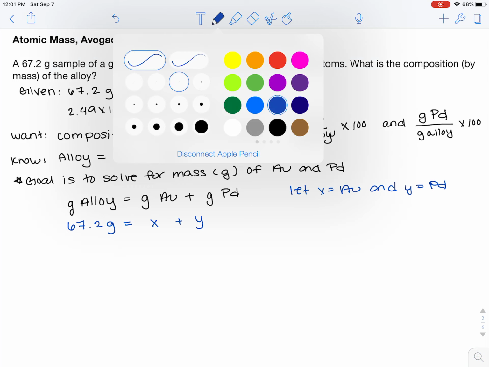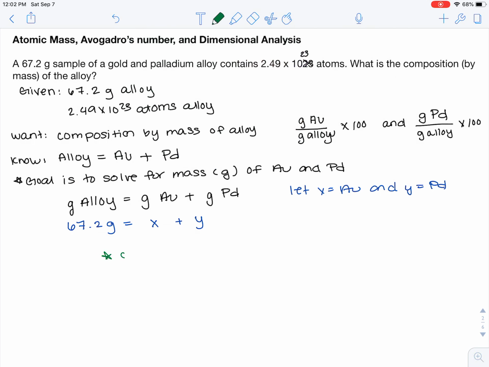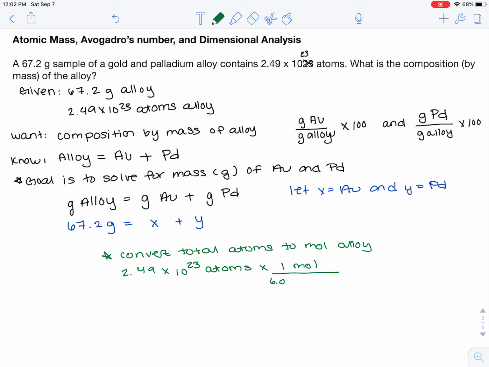So what I'm going to do is kind of interject here, convert total atoms to moles, which comes out to be 2.49 times 10 to the 23rd atoms divided by Avogadro's number to find total moles. And that number comes out to be, if you plug it into your calculator, 0.4136 moles. Okay, this represents total moles.